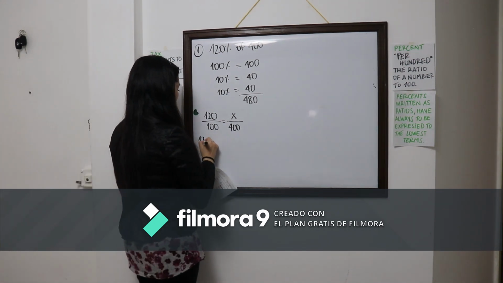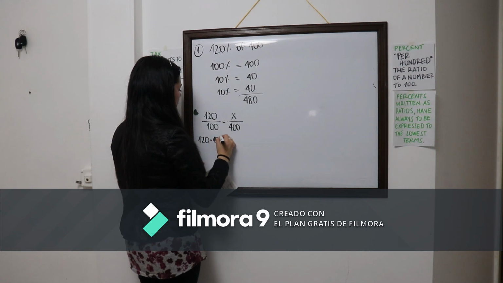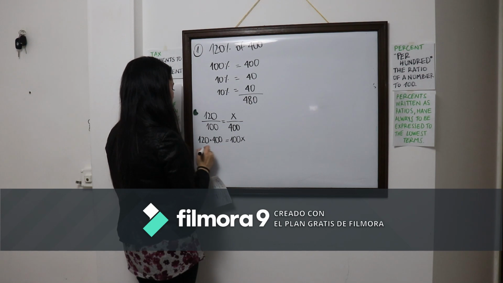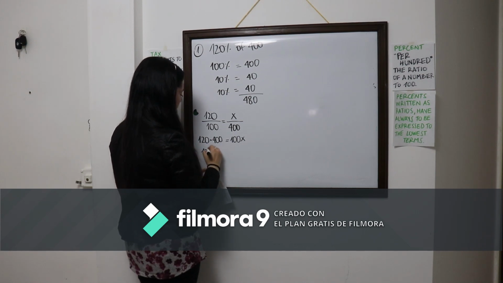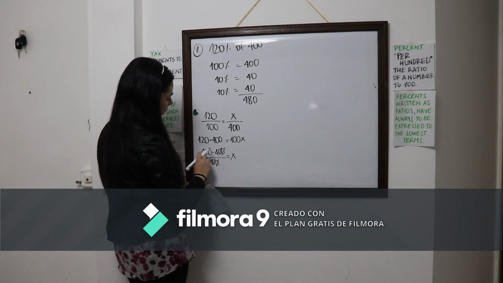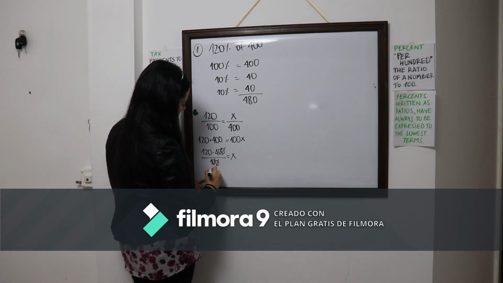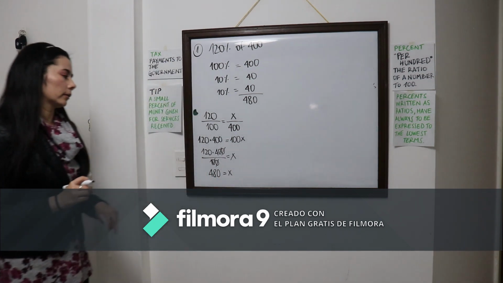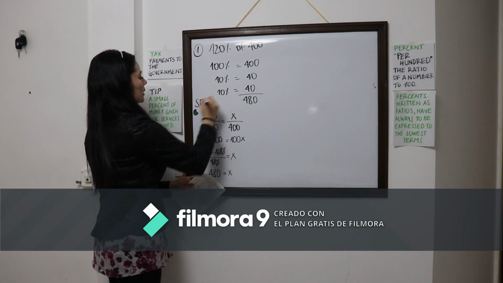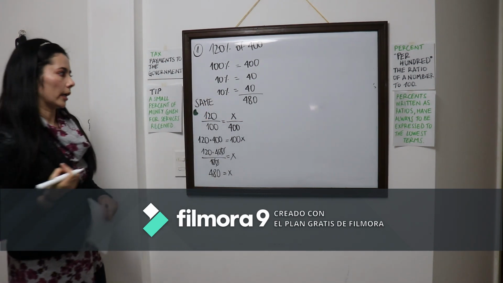Again, as before, we do the cross product, and I can cancel these zeros here. And so of course 12 times 4 is going to be 48 and a 0. So I get the same thing. In this case, my estimation is the same as the actual percent.